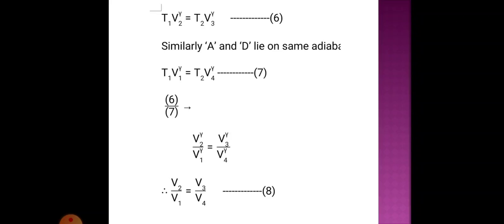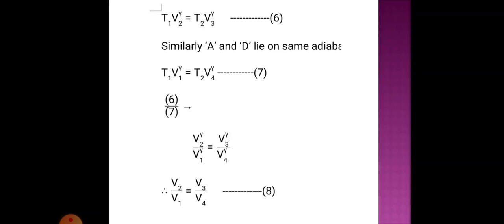Dividing these two equations, we get V2 raised to gamma minus 1 divided by V1 raised to gamma minus 1 equal to V3 raised to gamma minus 1 divided by V4 raised to gamma minus 1. Therefore, V2 by V1 is equal to V3 by V4.